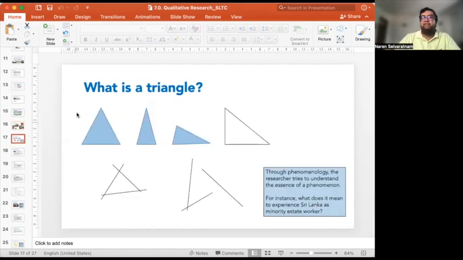This is a triangle. Although different, the second one is also a triangle. Although different, even the third one is a triangle, and the fourth one is a triangle, and the fifth is also a triangle. But this has gone through lots of differences, but then again, this sixth one is not a triangle.